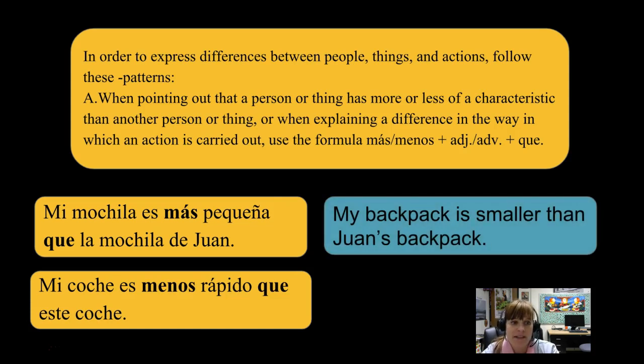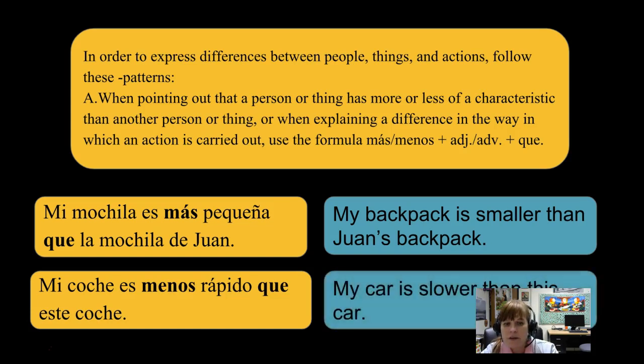So you have the más que, and in between the más que you have pequeña, right? So you always put the adjective in between the más que or menos que. Mi coche es menos rápido que este coche. My car is slower than this car, right? So again, you have the adjective in between menos que.